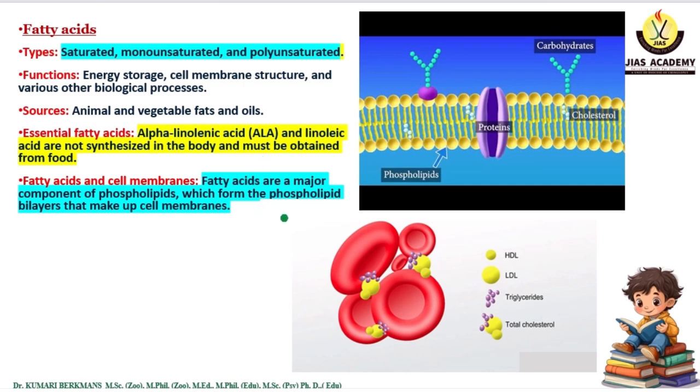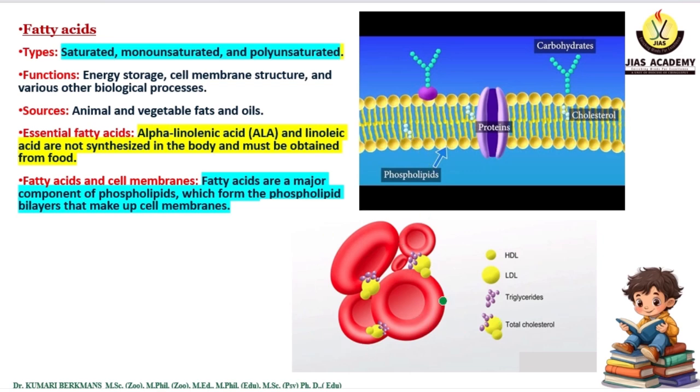And fatty acids and cell membrane. Fatty acids are a major component of the phospholipids, which form the phospholipid bilayers. See, this is one layer and this is another layer. So these two together are called the phospholipid bilayer, bilayer of phospholipid. Okay, and it is made up of phospholipid, and it makes the cell membrane.